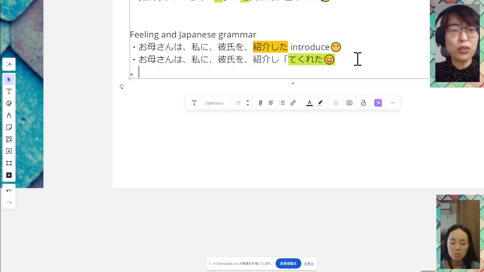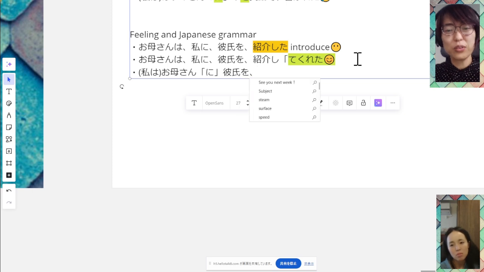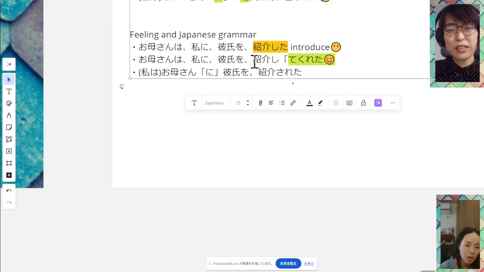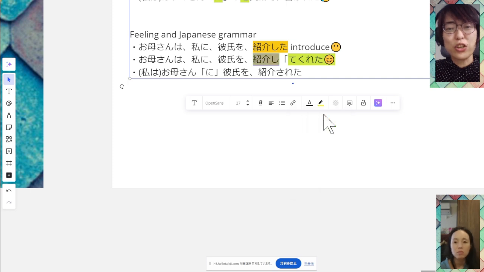But okay, you don't like it. Then this is a passive. 私はお母さんに彼氏を紹介された。There's no other additional word you need to add.